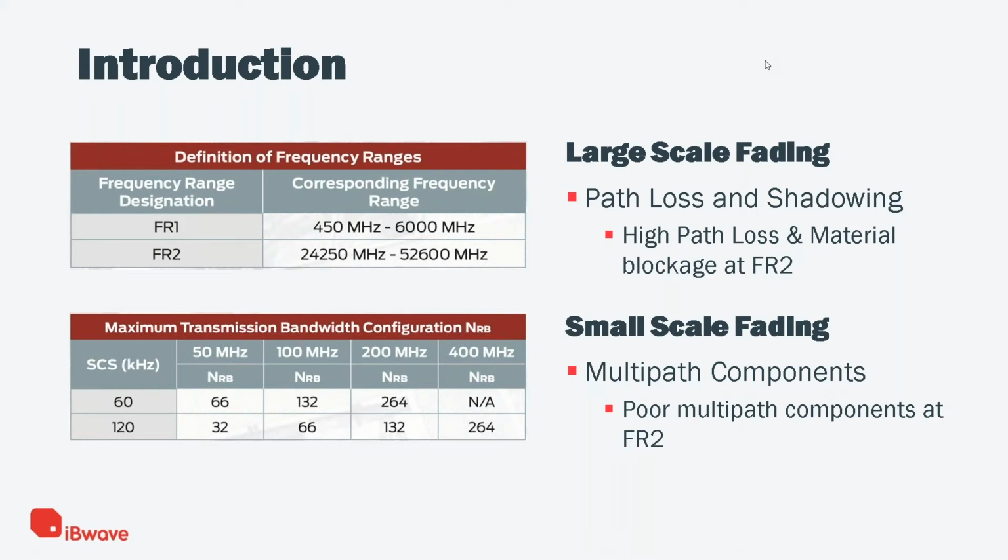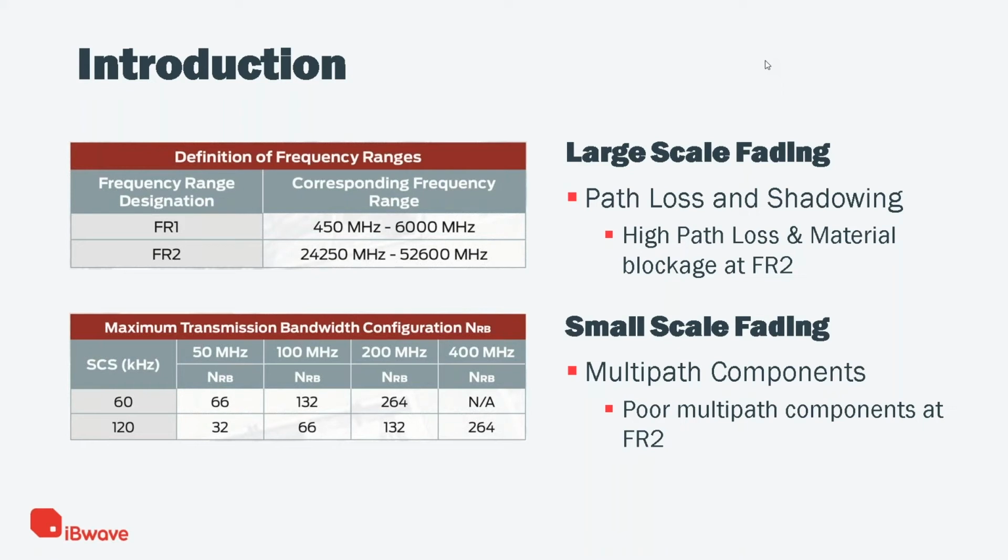In terms of small scale fading, frequency range 2 also behaves completely differently from frequency range 1. In frequency range 1, it is known that the multipath component of the channel is very rich. However, for frequency range 2, because of fewer possible reflections and poor diffraction, the multipath component is found to be very poor.